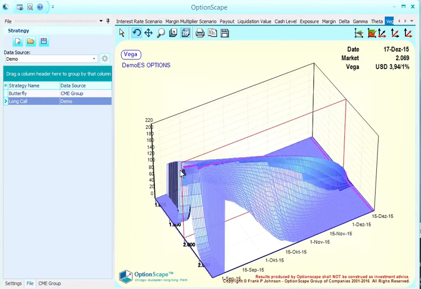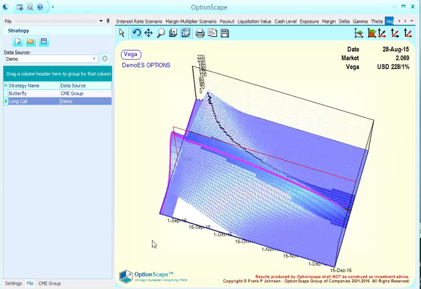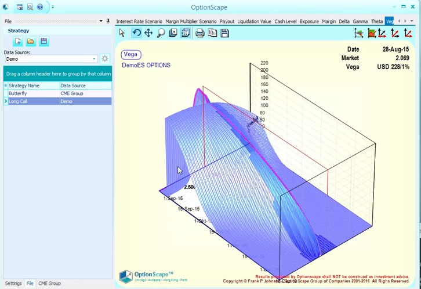So at the beginning of August and beginning of September, here at the money we have the highest values. Then we have an explosion in volatility, which widens the Gaussian bell so that we have a huge increase in out of the money and in the money Vegas, which is diminishing to the time of expiration. So we still have at the money the highest Vega, but it goes down to 0.